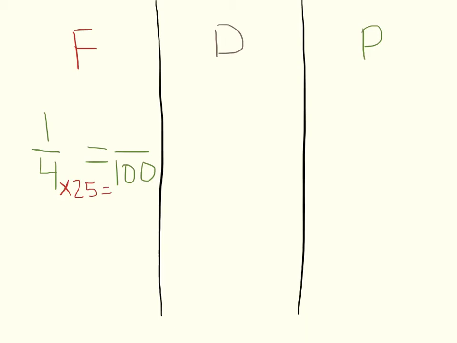And if I multiply the denominator, I also have to multiply the numerator. 1 times 25 equals 25. So here I have 25 over 100. I know that any number over 100 is a percent, so I can go ahead and write this as 25%.